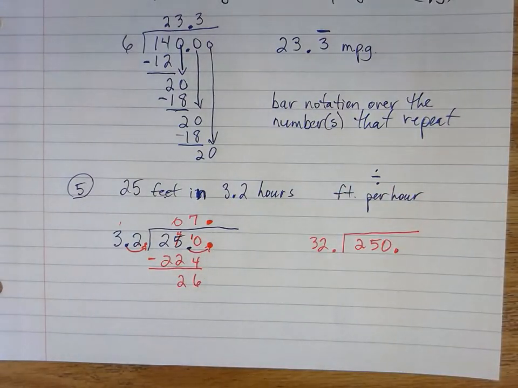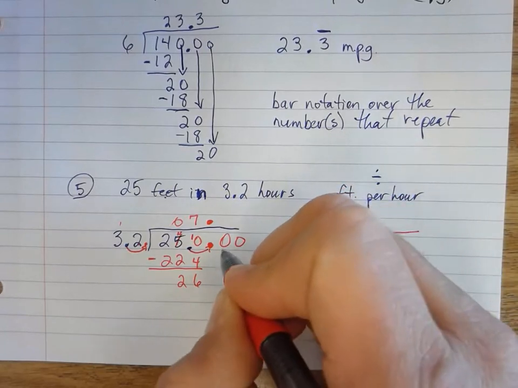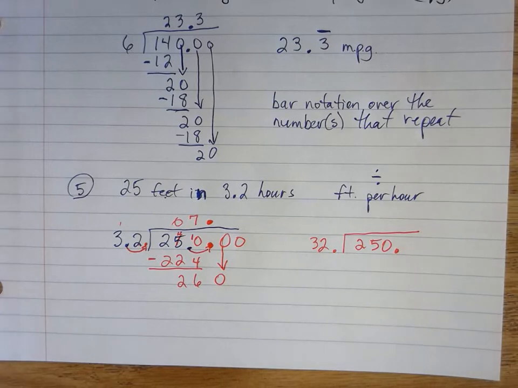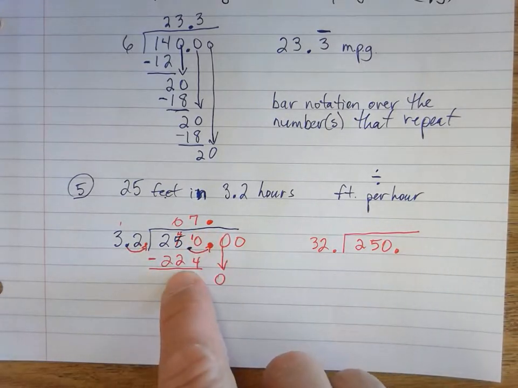So that's 26. Now I'm going to add a couple zeros and bring the first one down. 260. I just did 7 times that, which gave me 224.